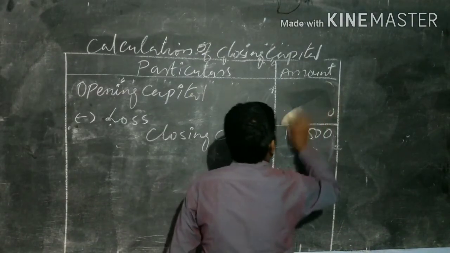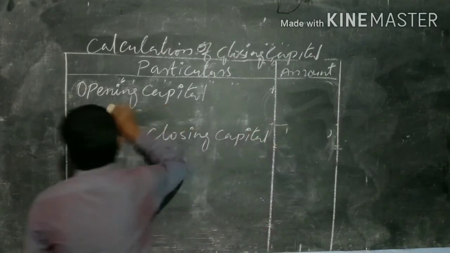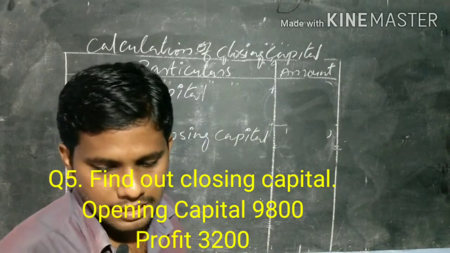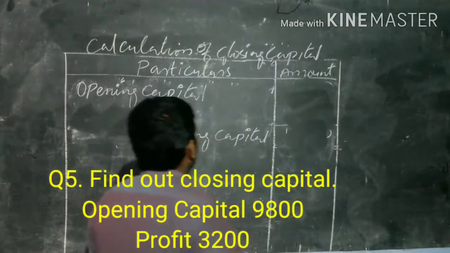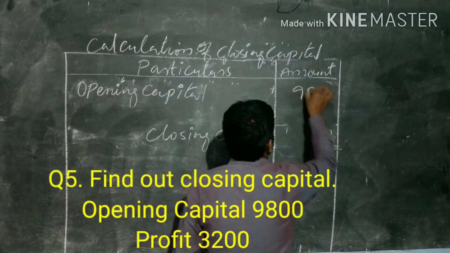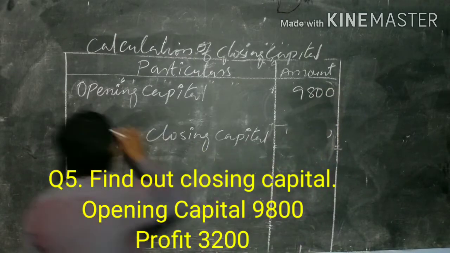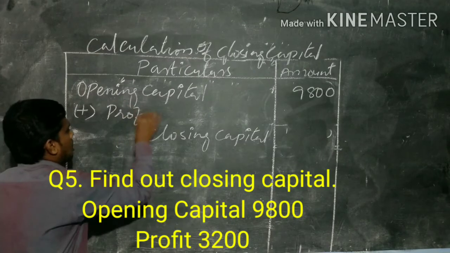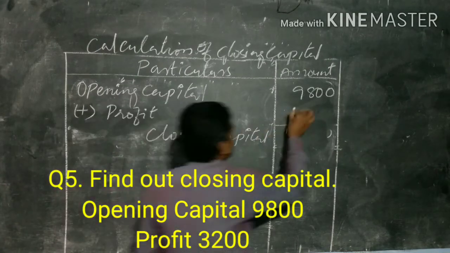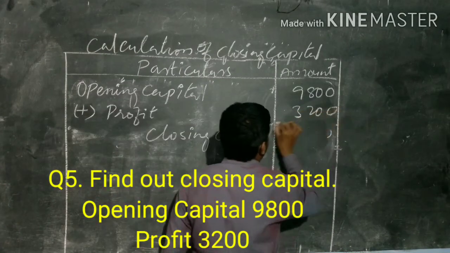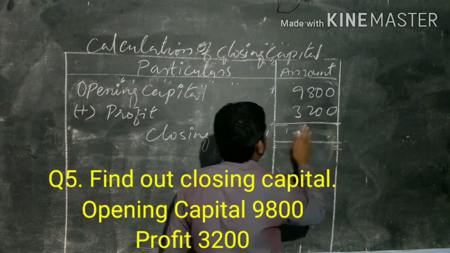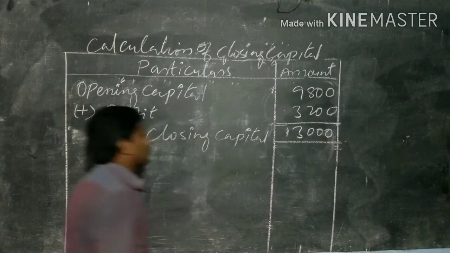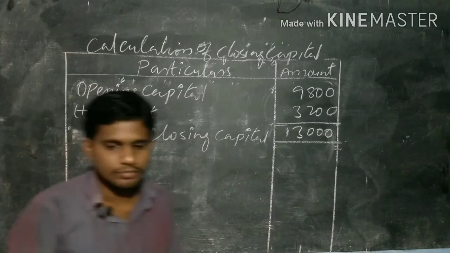Only profit is given, that is 3,200. Opening capital is 9,800 and we need to add the profit of 3,200. We got our answer: 13,000 as closing capital. Right?